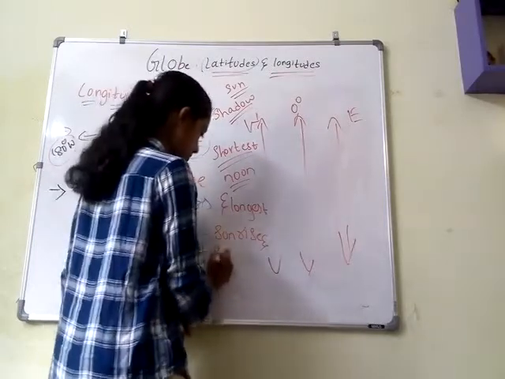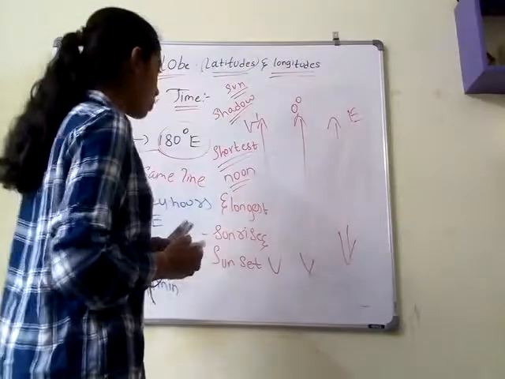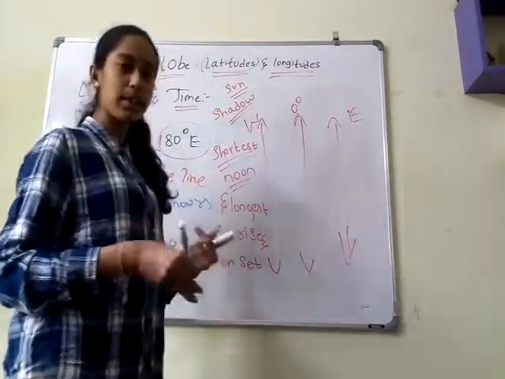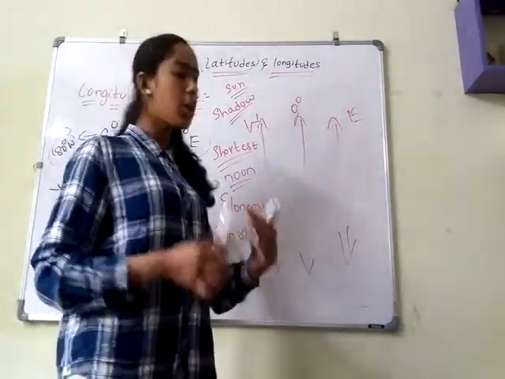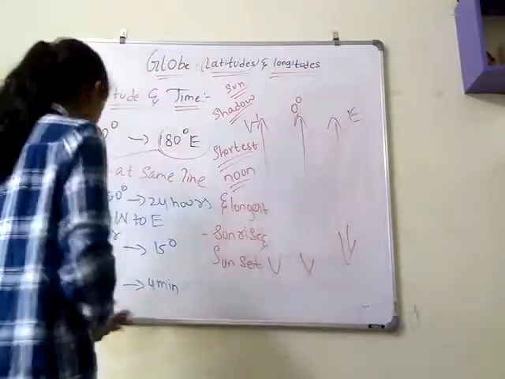Now, this is generally how with the help of the sun we can know the time. Now I am going to say how with the help of longitudes we will know the time.